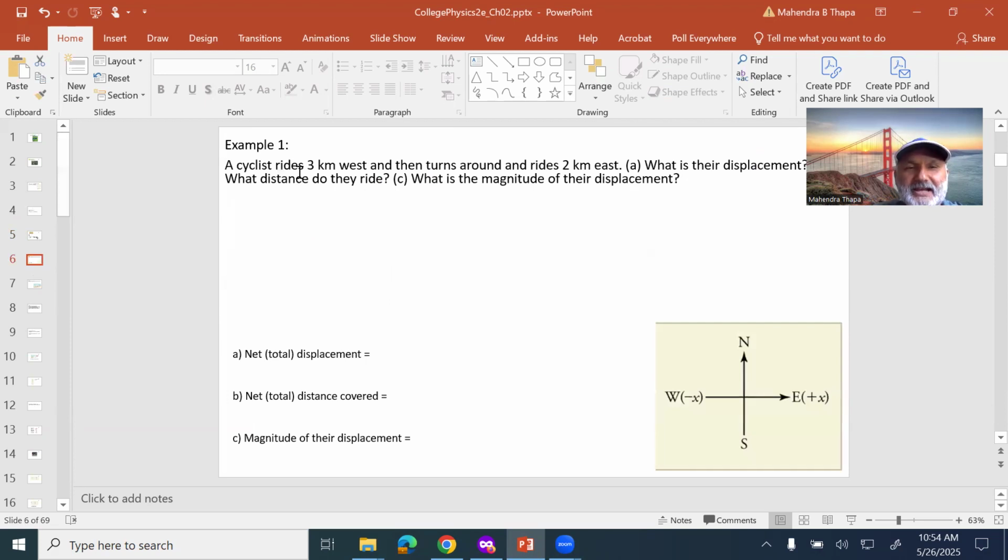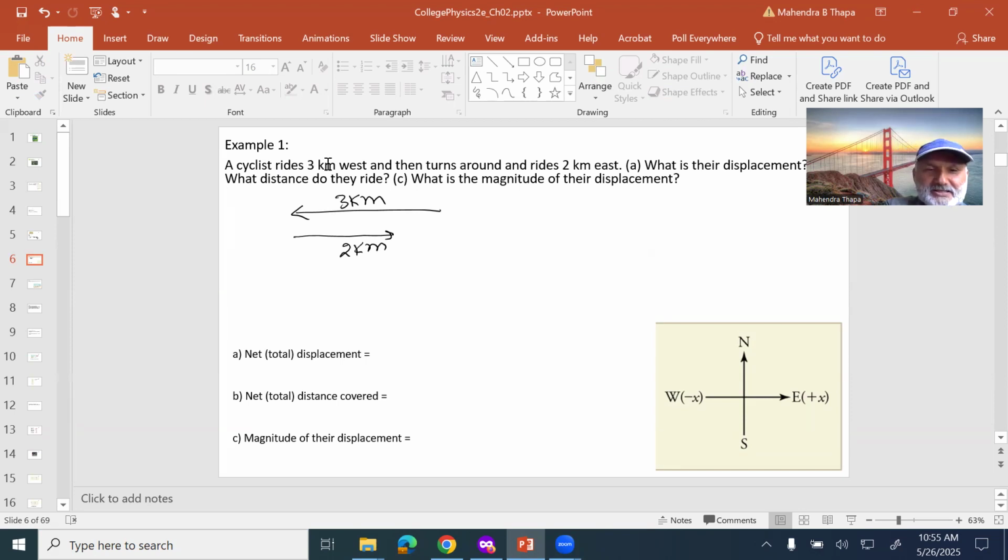A cyclist rides 3 kilometers due west, and then turns around and rides 2 kilometers due east. In our coordinate system in general, we consider west as negative, east positive, north positive, and south negative.